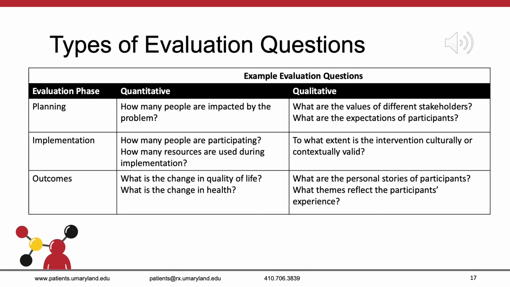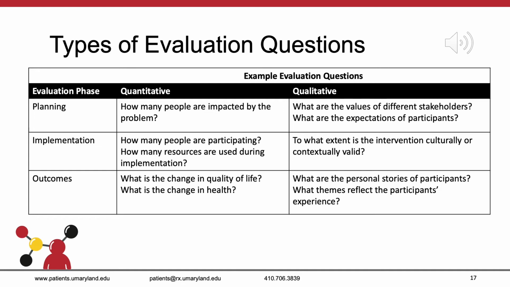In the planning phase, we may also ask questions that are more qualitative in nature, like what are the values of the different stakeholders involved? What are the expectations of the participants? At the implementation phase, that's where we may ask things like how many people are participating, or to what extent the intervention is culturally or contextually valid.